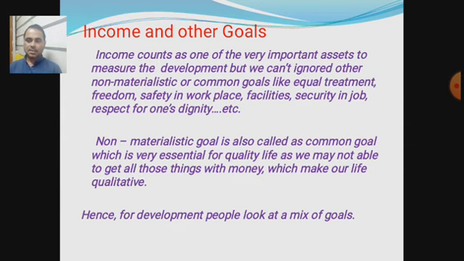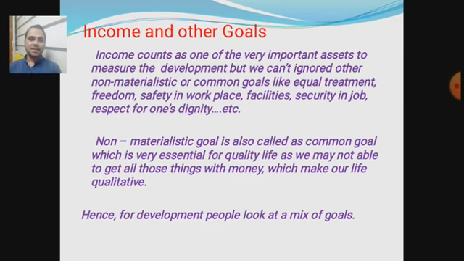To measure this, there are certain criteria. In that criteria, the most important asset is taken as income, along with other goals. Let us see. Income counts as one of the very important assets to measure development, no doubt.